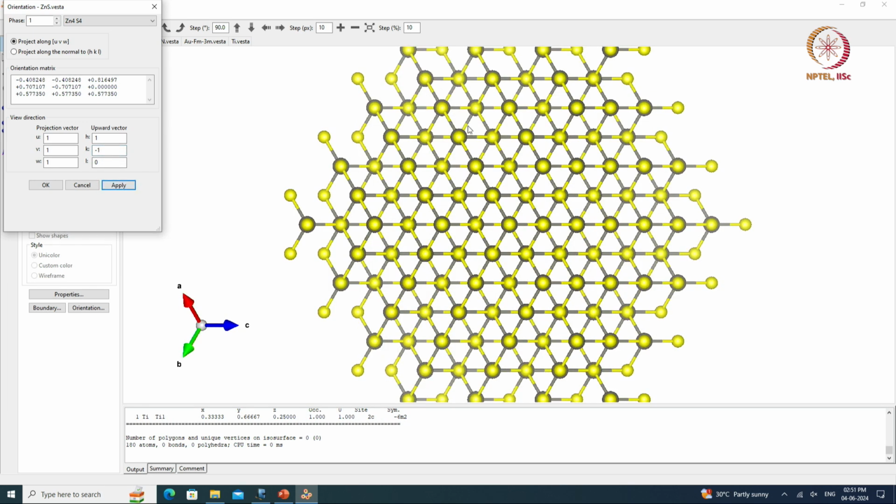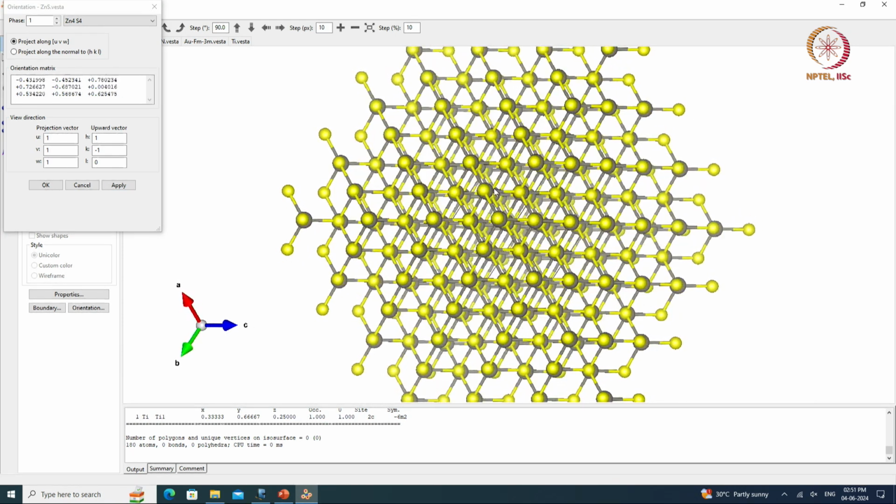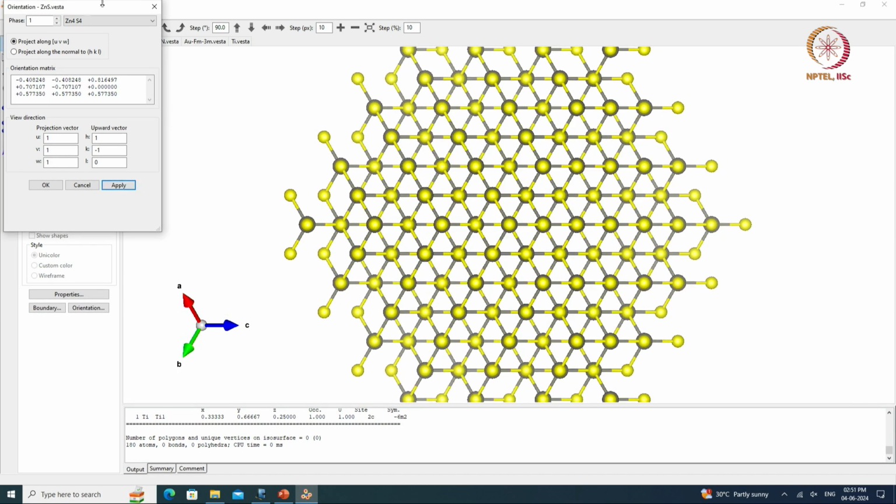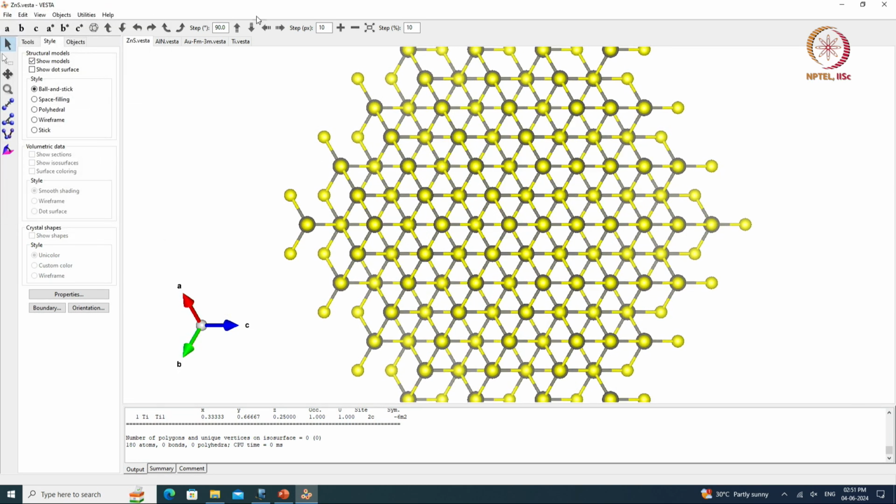If I apply that here, I see clearly that there should be a 3-fold axis of symmetry at least. So if I rotate this entire structure by 120 degrees, nothing has changed, I rotate again, nothing has changed.